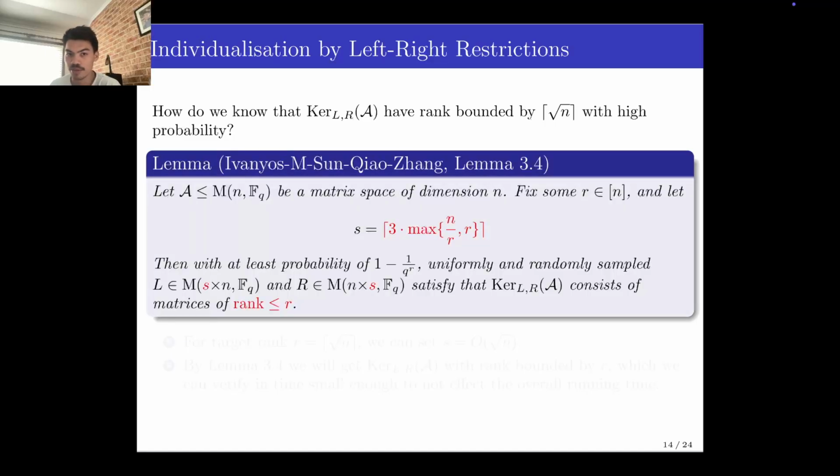We introduce this lemma. So if we fix this parameter S, which corresponds to the size of the left and right multiplying matrices, then we can get, with high probability, a rank bounded by R in the kernel space.